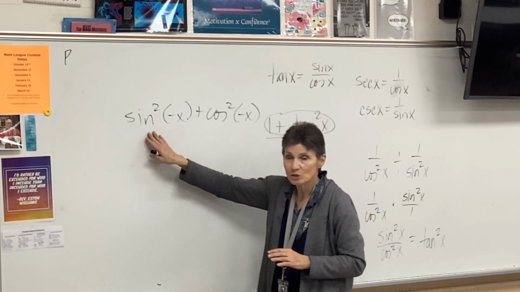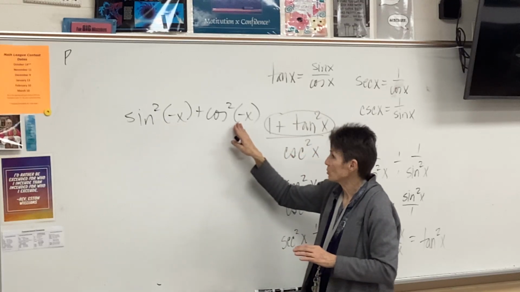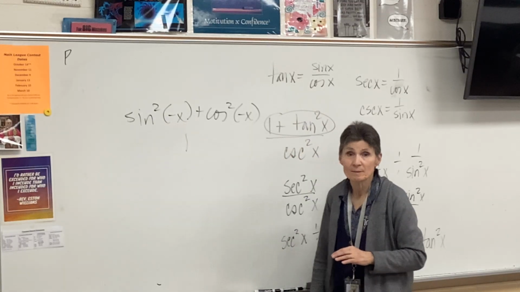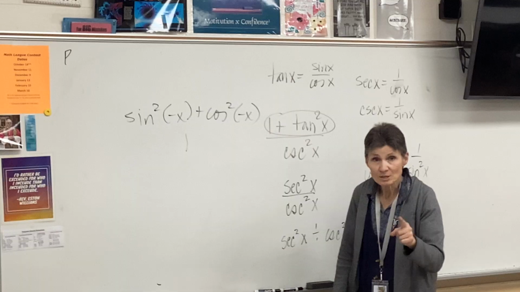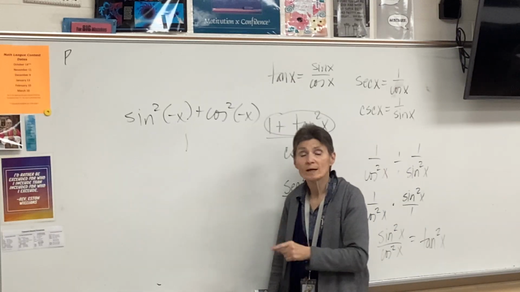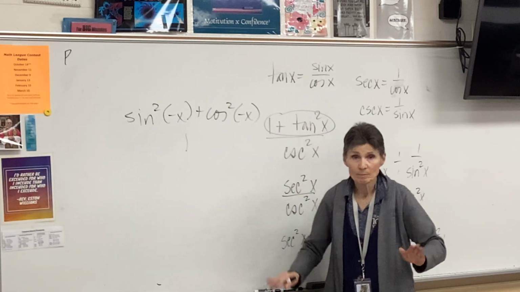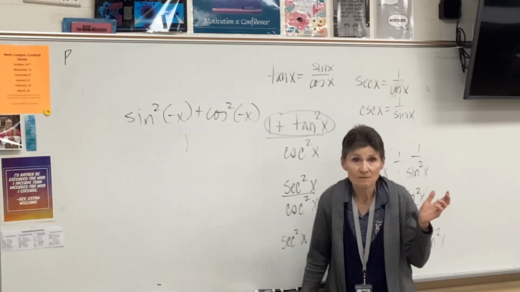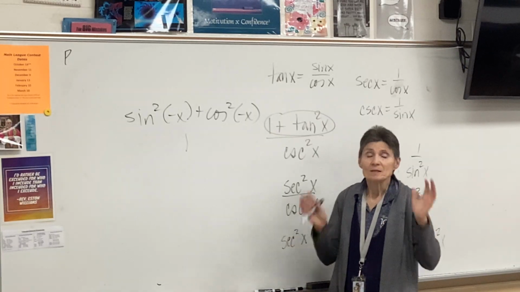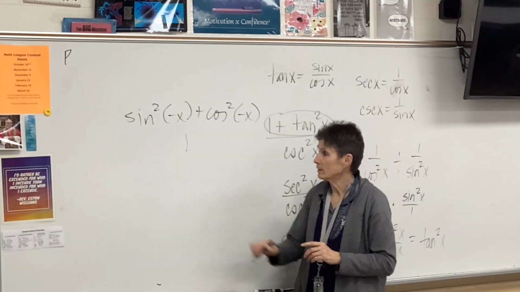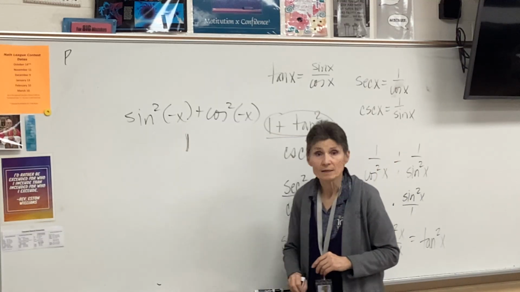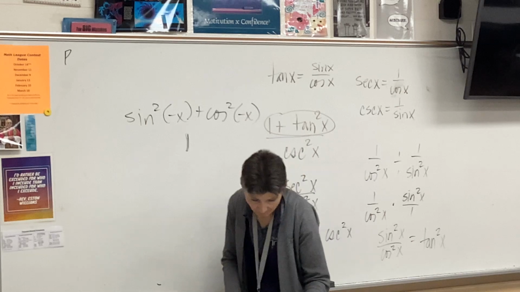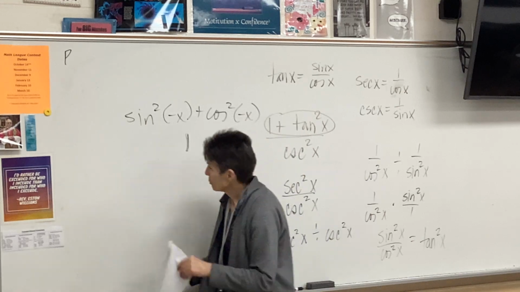Anytime you have sine squared plus cosine squared, the answer is going to be 1. The variable doesn't matter. Negative x, 2050 degrees, doesn't matter. Sine squared plus cosine squared is always going to be 1. Done. Easy. All right, let's try this one.